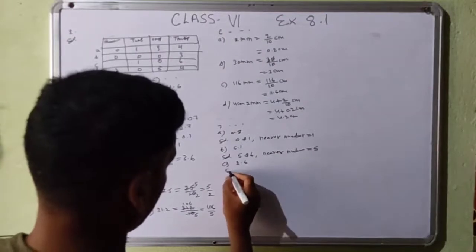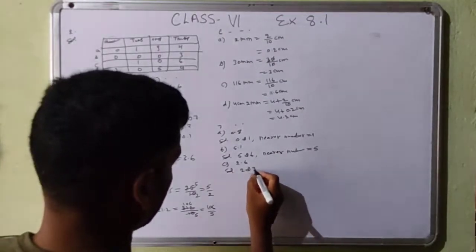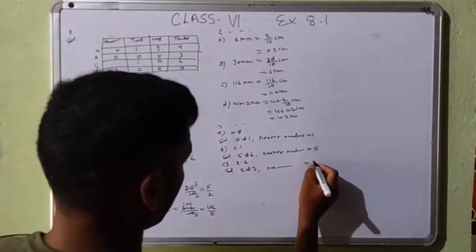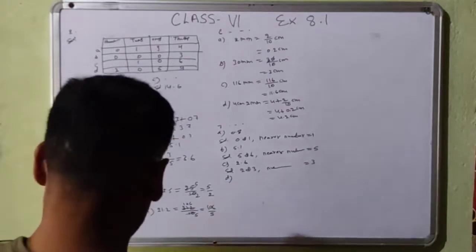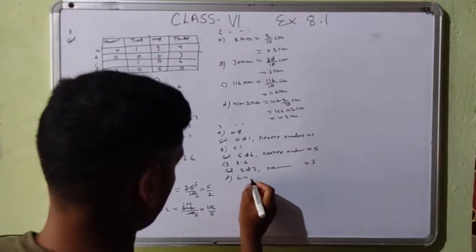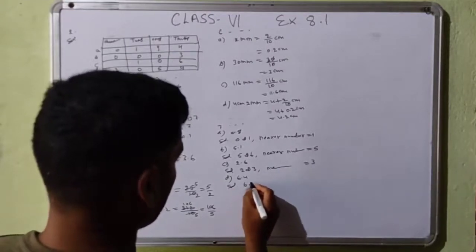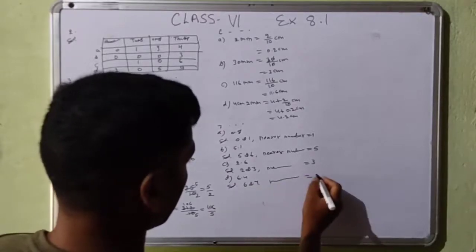That will be between 2 and 3, and the nearer number is equal to 3. D part, 6.4, between 6 and 7, nearer number is equal to 6.